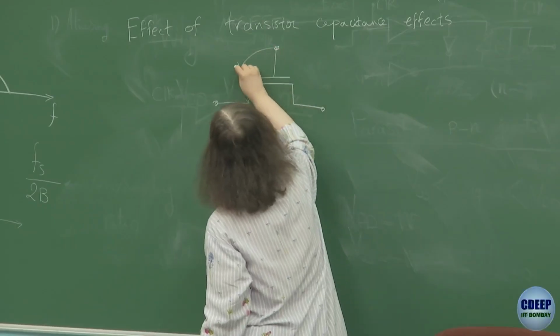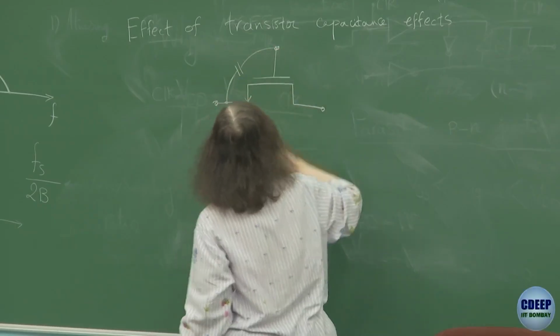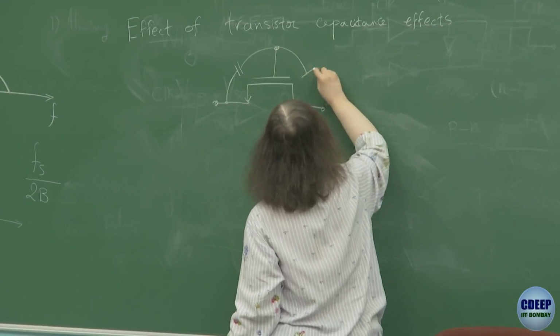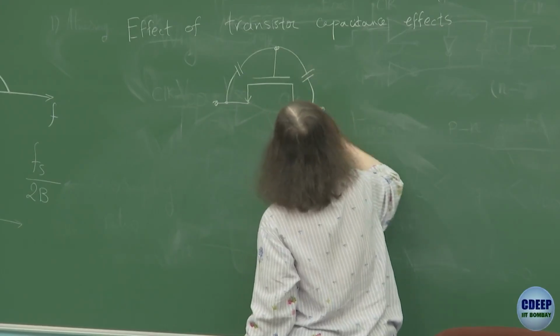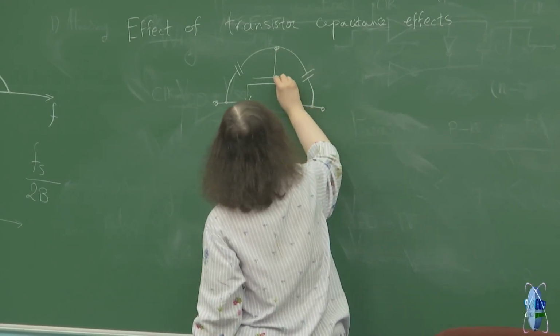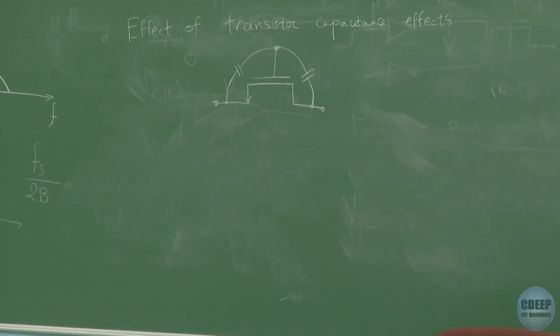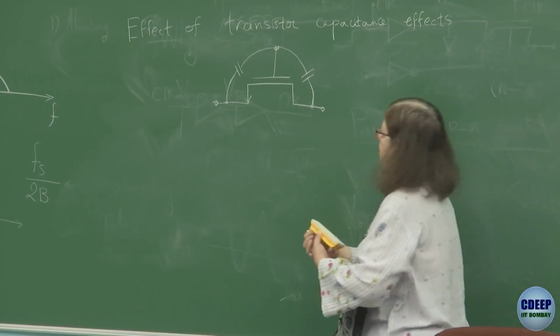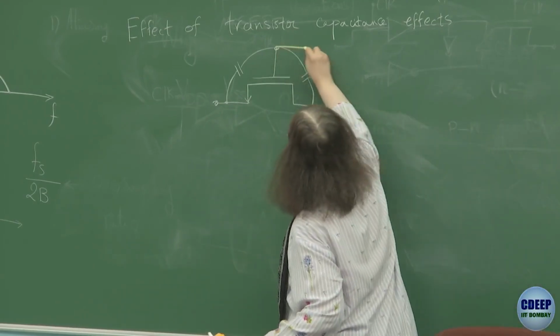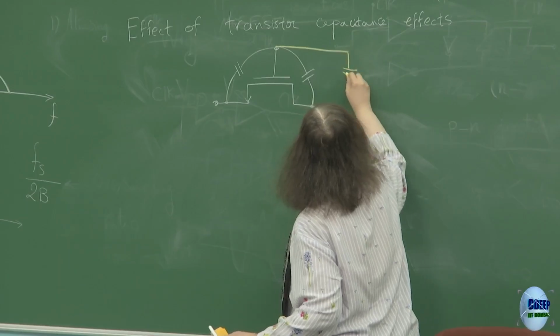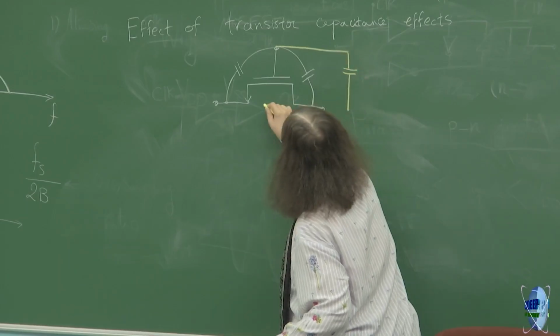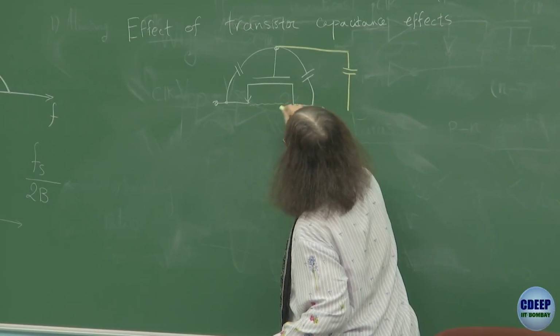One is a capacitor between gate and source. One is between gate and drain. One is between gate and bulk. Since it is too small to show that way, I will show it this way. External, and this is the channel of the transistor.